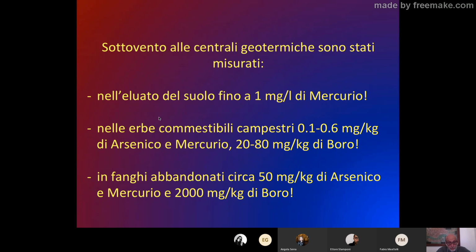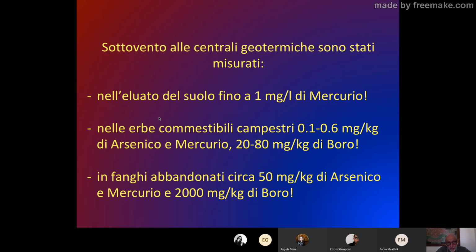Now, these are more data. If we take the soil around the power plants and try to extract whatever is easily soluble from that soil, we find that there is a milligram of mercury per liter of water extracted from the soil.